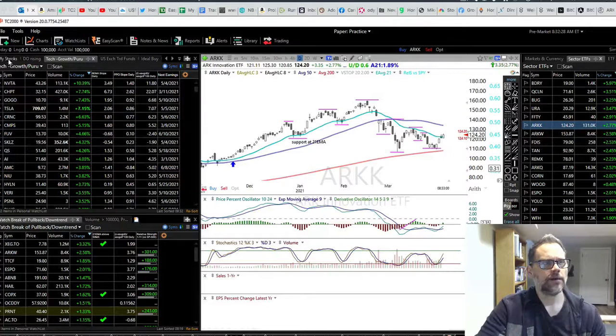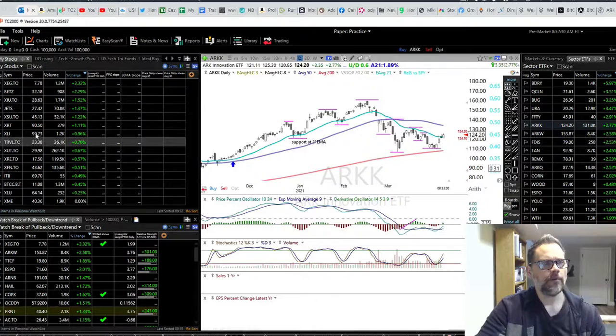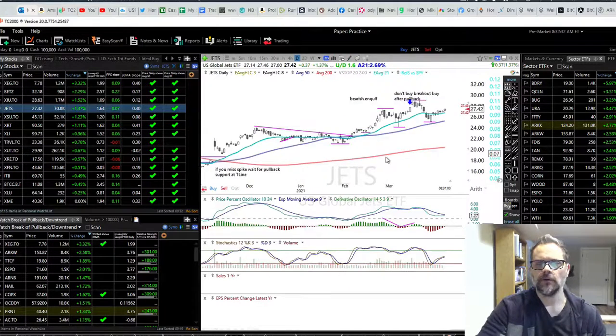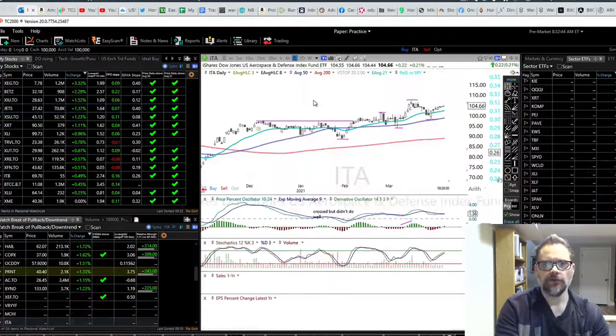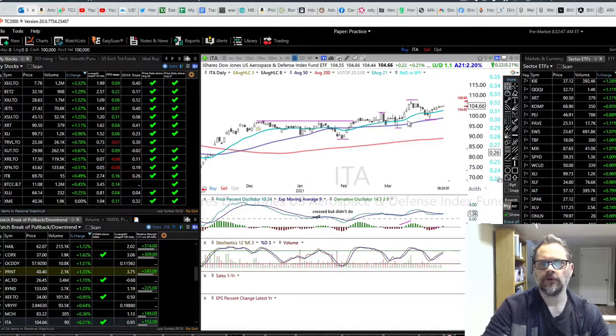So that's why you can compare it to this situation with ETFs where you have JETS, which is the airlines, in a nice uptrend with higher highs and higher lows, the 21 above the 50. If we go to aerospace, similar, that has Boeing and stuff like that.